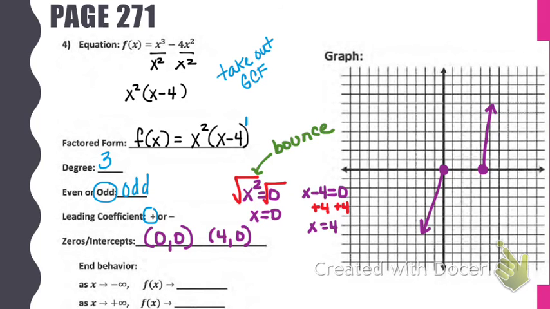It doesn't go through at the 0. It comes up, hits the 0, bounces back down, makes a U-turn, and then goes back up through the 4. That is what it's going to look like. That's a sketch. And in this function, the left arrow is going down, the right arrow is going up.